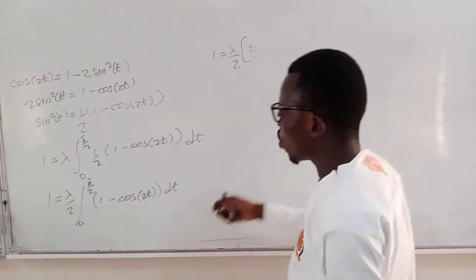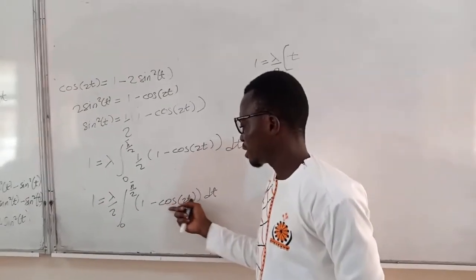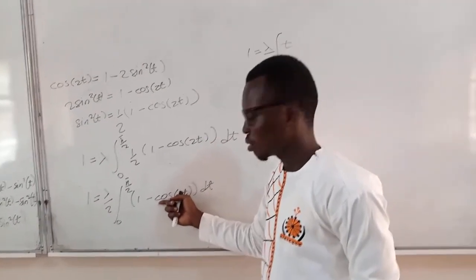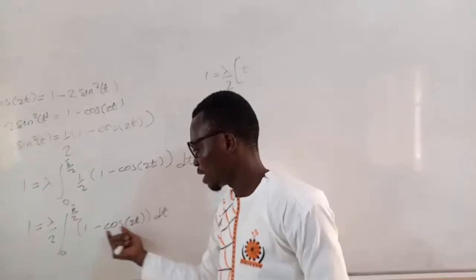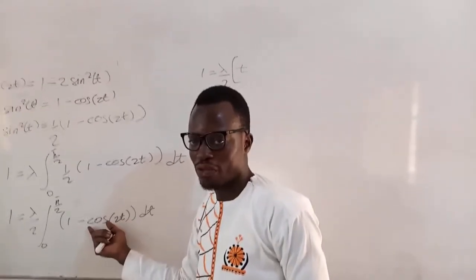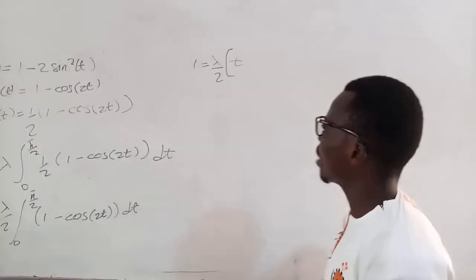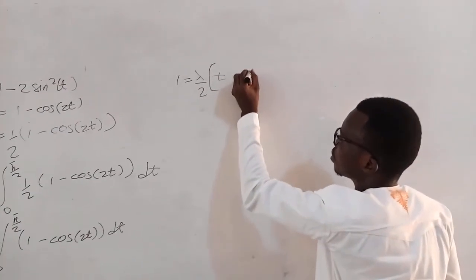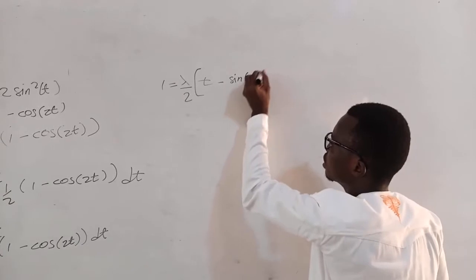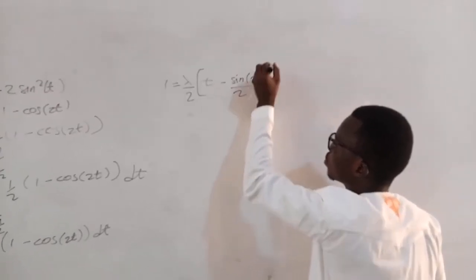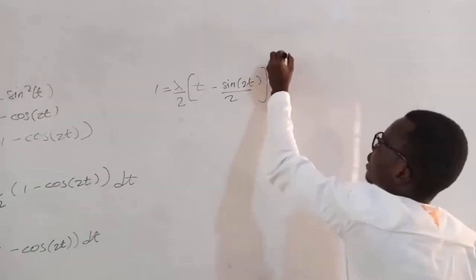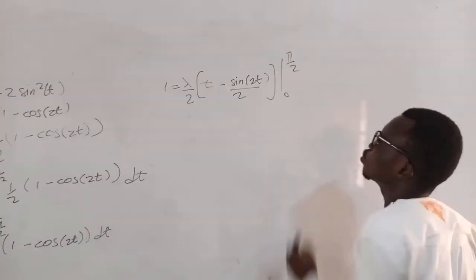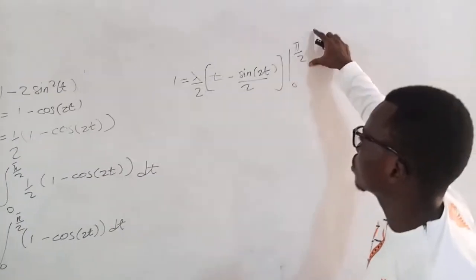If we integrate cos, we're going to get sine. But the inside is 2t, so if you differentiate 2, then you divide the sine by 2. We're going to have minus sine 2t all divided by 2, evaluated from 0 to pi on 2.